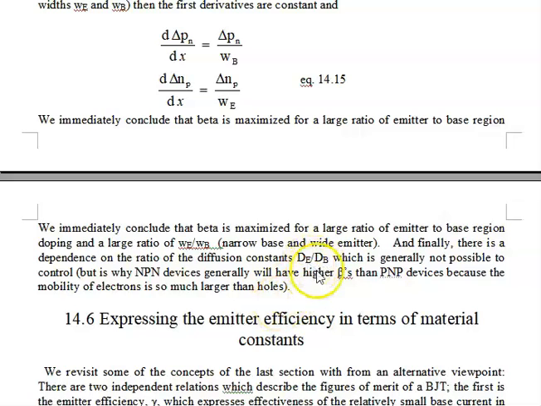Okay, and generally, electrons have higher diffusion coefficients or diffusion constants than holes because the mobility of electrons is higher than the mobility of holes. And D over mu is kT over q. That's the Einstein relationship. So if mu is higher, D is higher because the ratio is kT over q, which depends only on the temperature.